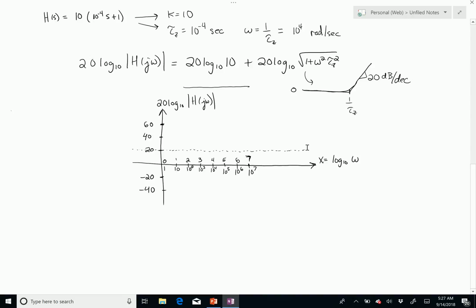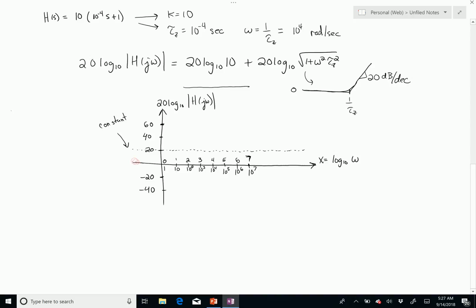This is the constant. Separately, because these are additive, I can look at them separately and then add their effects. Let's look at the zero. It's going to be constant at 0 before the zero, and then I'm going to rise at 20 dB per decade for frequencies greater than the zero.